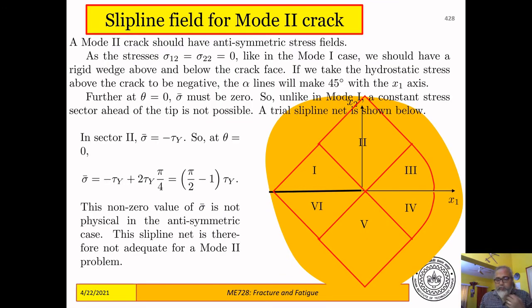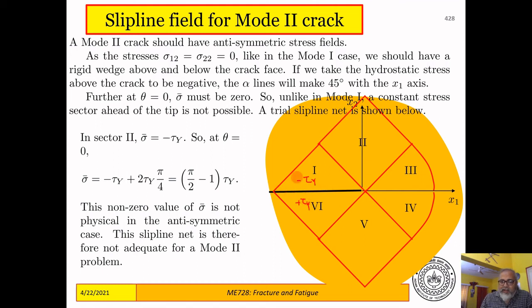Now let us try to interpret it for the mode 2 crack. For the mode 2 crack, there are significant differences. First of all, this is an antisymmetric case. So since it is an antisymmetric case, the mean stress above and below have to be of different signs. Let us assume above it is equal to minus tau y, and below it is plus tau y.